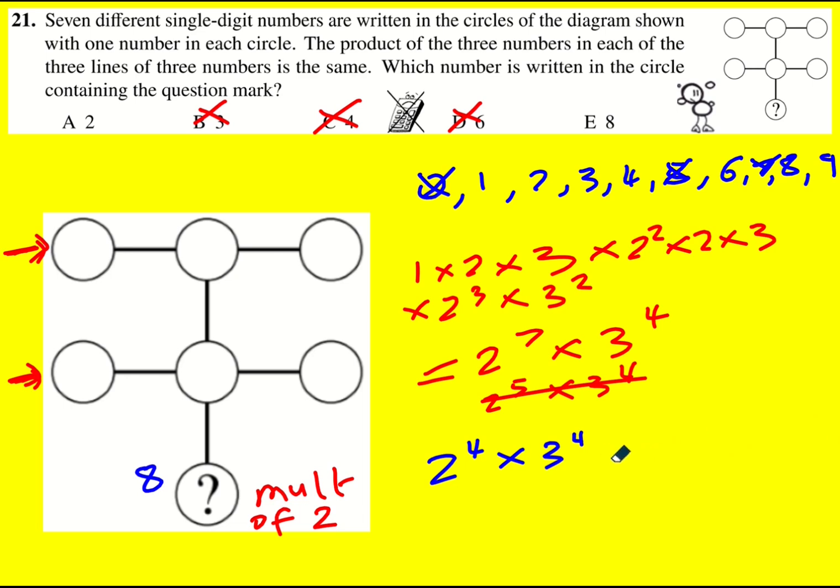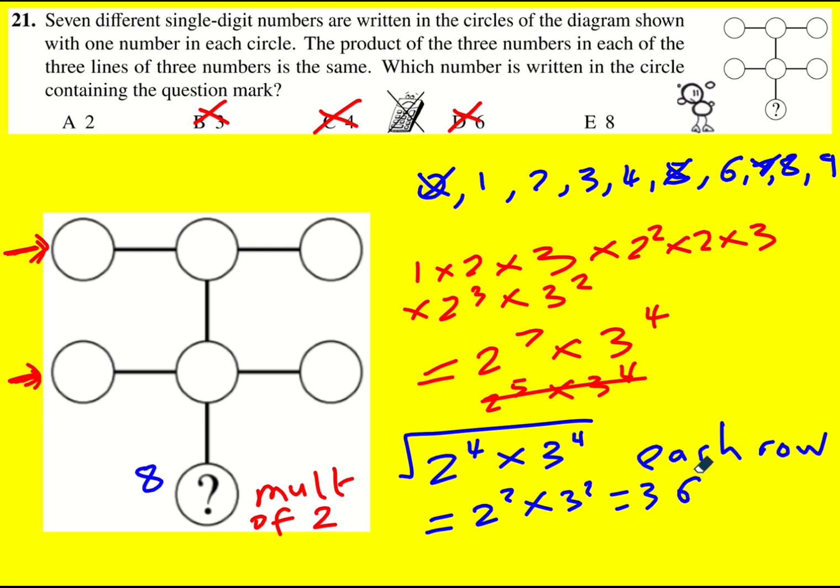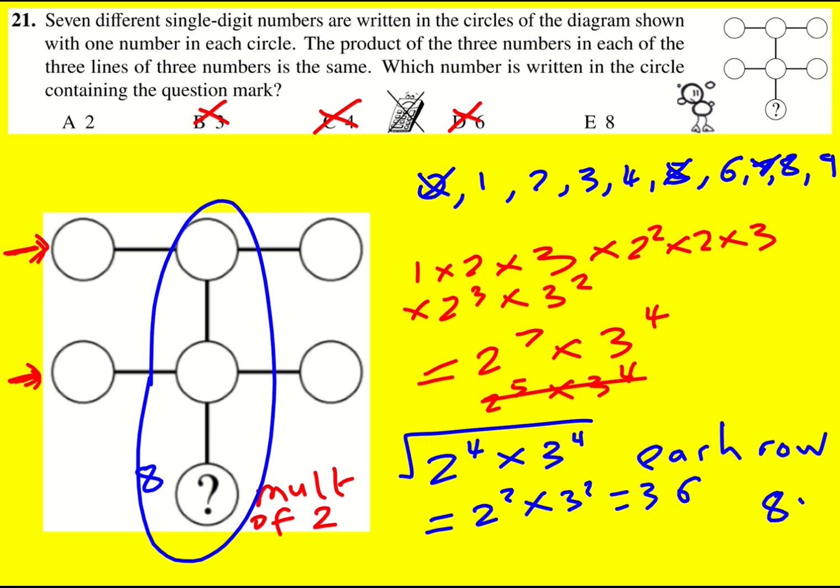So this would be each row squared, and then I'd have to square root it, which I can do separately. So 2 squared times 3 squared, 36. Now the thing is, if each row multiplies to 36, and so does this column, and 36 is not a multiple of 8, it cannot be 8, which means by process of elimination, it has to be 2.